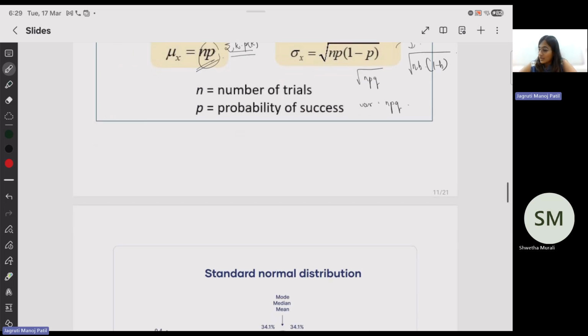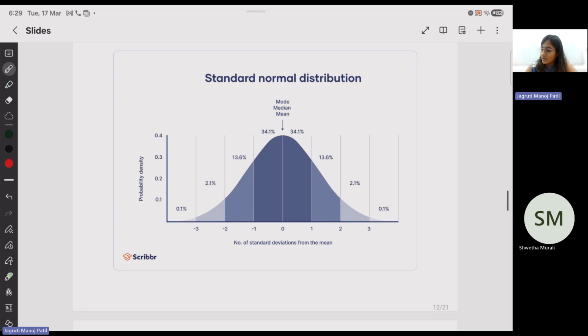Then after that, we have the normal distribution. The normal distribution is just a part of the Gaussian distribution, like what we saw now, and it also has a formula based on Gaussian. If you plot it, it represents how the values vary from the mean.